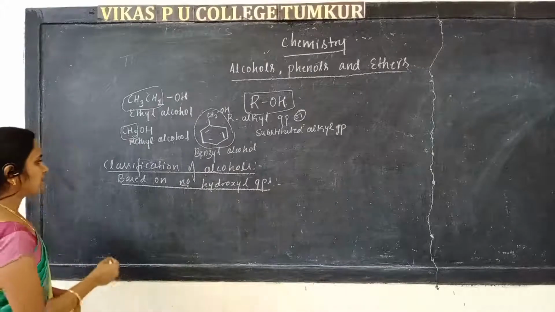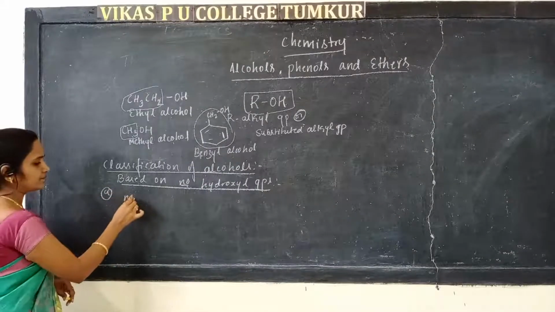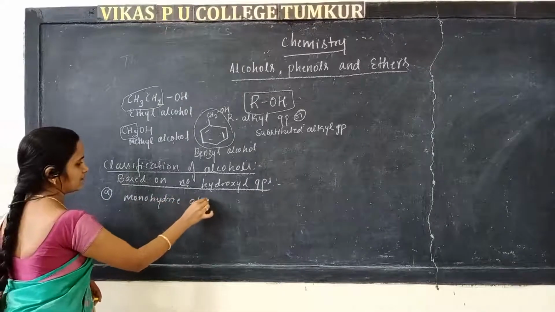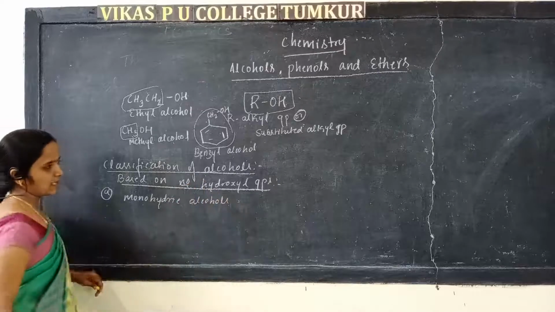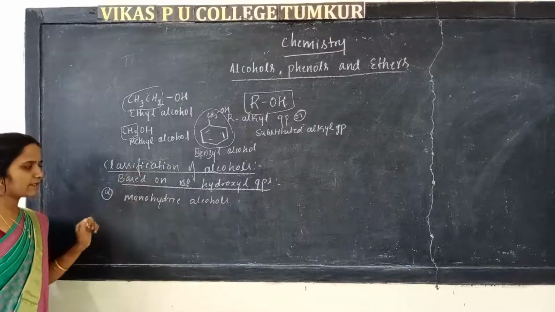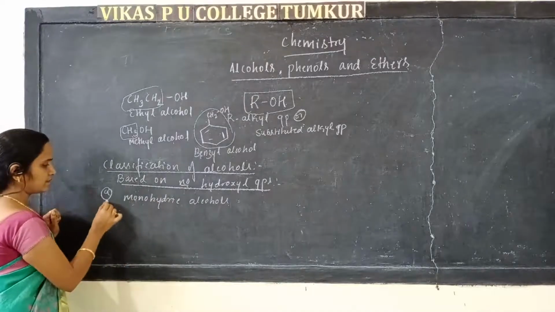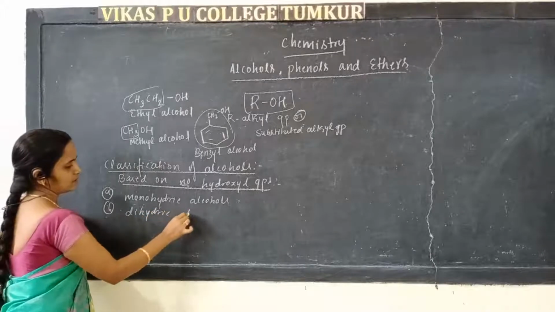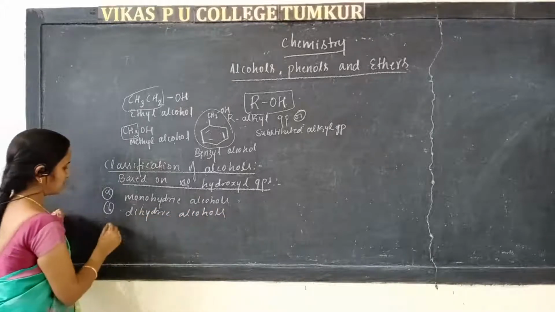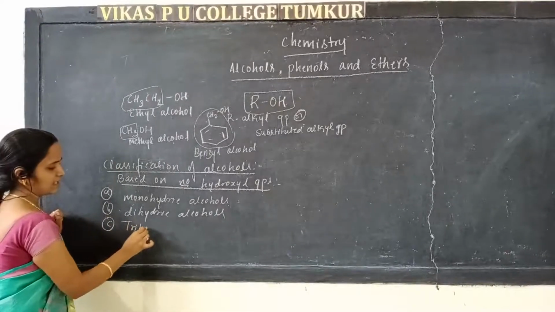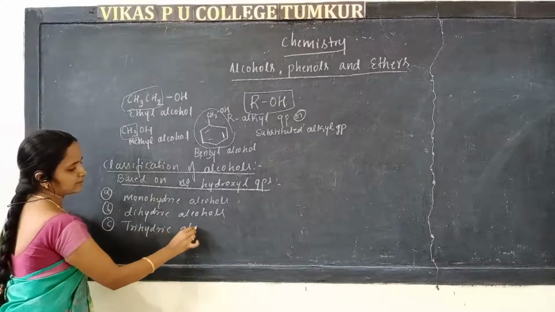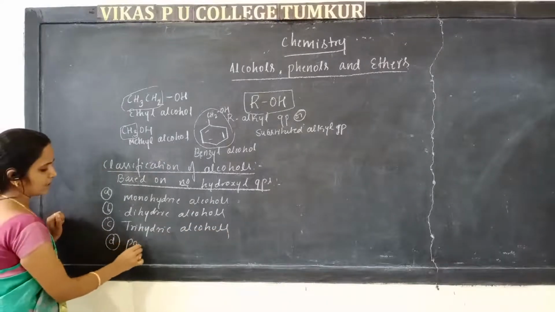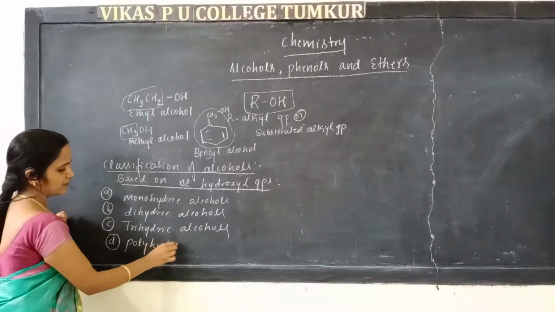Based on the number of hydroxyl groups, the alcohols are classified into monohydric alcohols, dihydric alcohols, trihydric alcohols, and polyhydric alcohols.